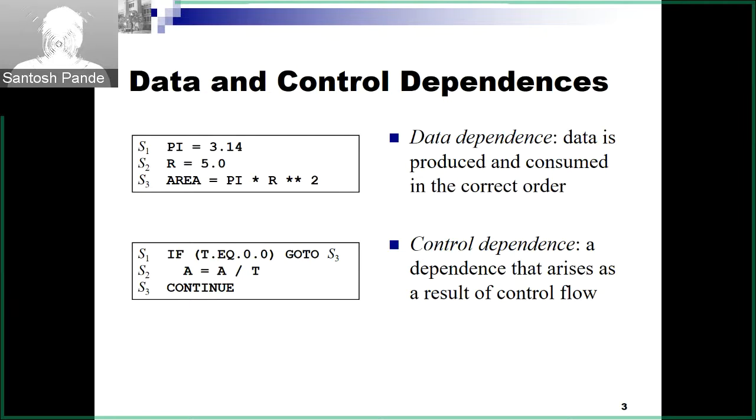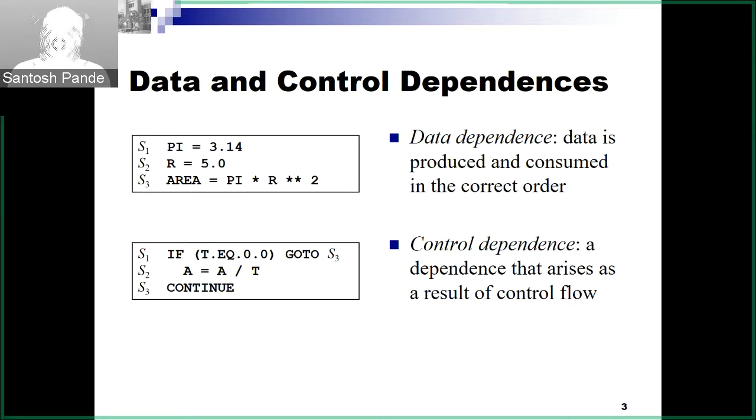Now, if you look at S1 and S2, however, they can execute in any order. So we can have S1 followed by S2, or S2 followed by S1. So we have some flexibility in arranging S1 and S2 in terms of their execution, but we have no flexibility in terms of S3. It must follow both S1 and S2.